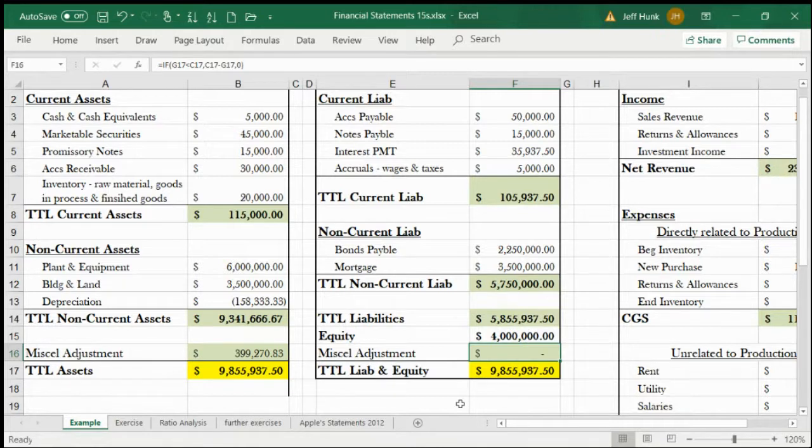But it's not really complete to define assets and liabilities in terms of owning and owing. It's not entirely wrong, but it's not complete.